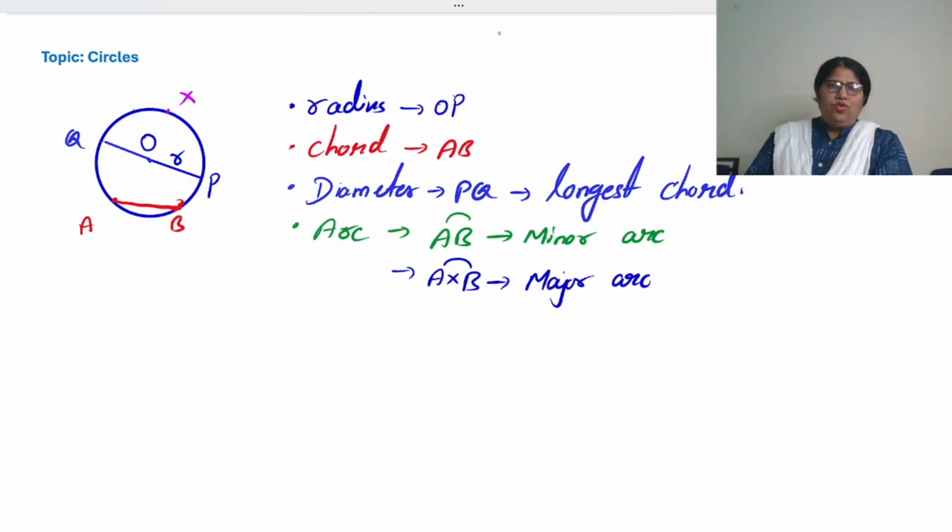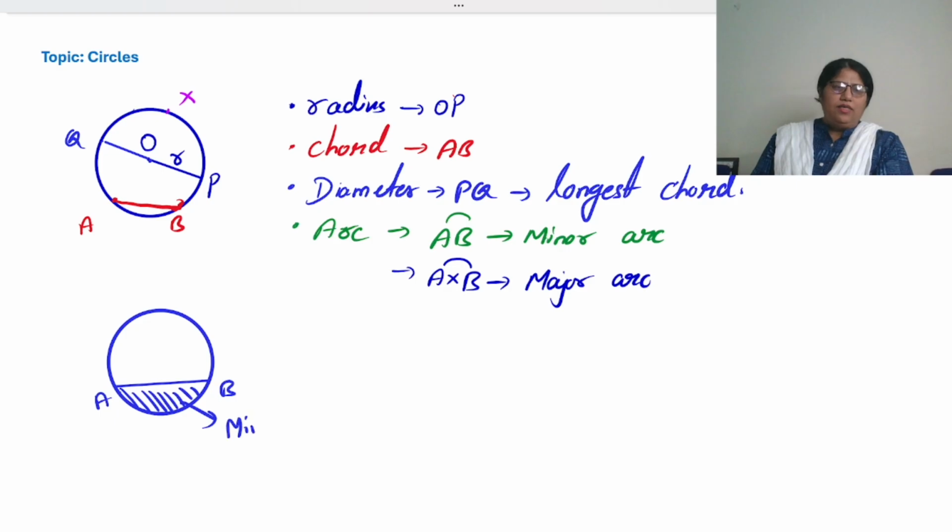Other than this, you should know the meaning of segment and the meaning of sector. Because we have taken a minor arc, this is called a minor segment. So here this is AB, and AXB is the arc. The segment is the area between a chord and the minor arc.